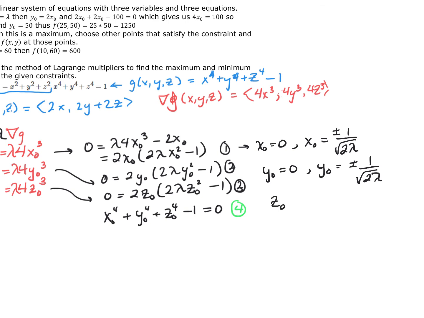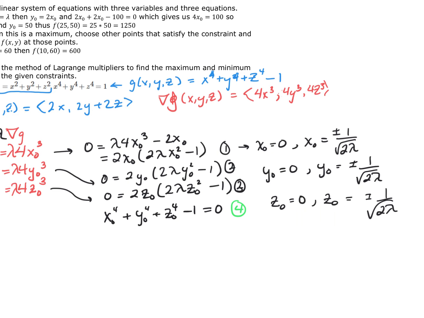And z naught is equal to 0, or z naught could equal plus or minus 1 over the square root of 2 lambda. Now we have to explore every combination here. So x naught is equal to 0 or this, y naught is equal to 0 or this, z naught is equal to 0 or this.